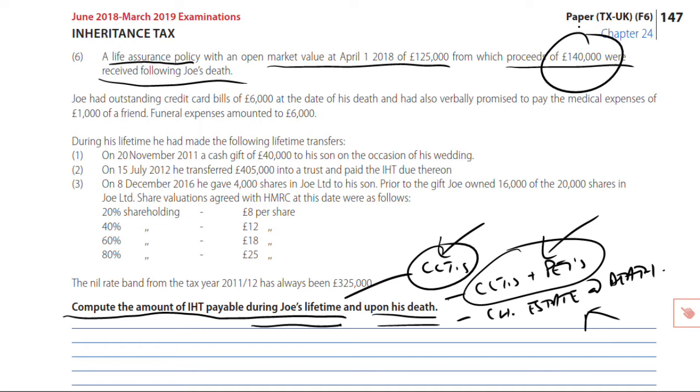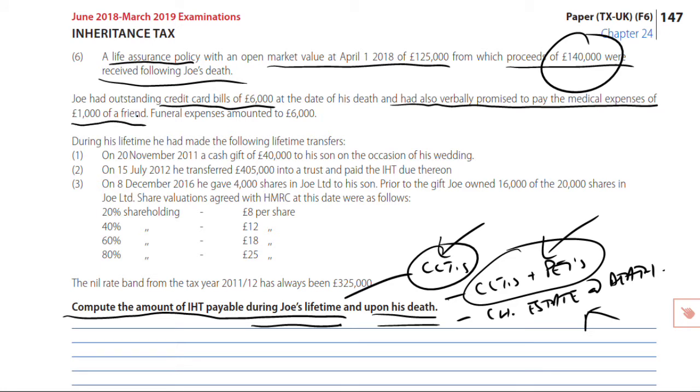Back to the balance sheet, we've always made that point for the taxpayer at the date of death. So having listed out the assets, then it's about any allowable deductions for liabilities, expenses incurred. So outstanding credit card bills of £6,000 there at the date of his death. That will be an allowable deduction. What's this all about? Had also verbally promised to pay the medical expenses of £1,000 of a friend.